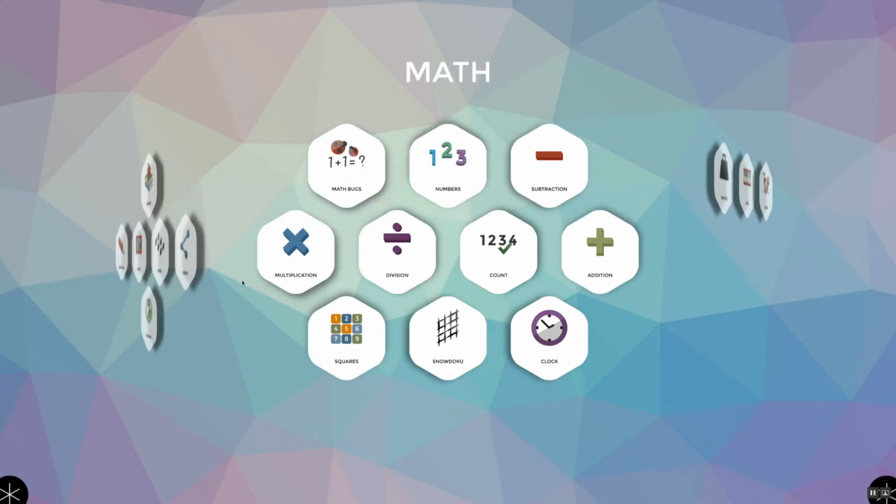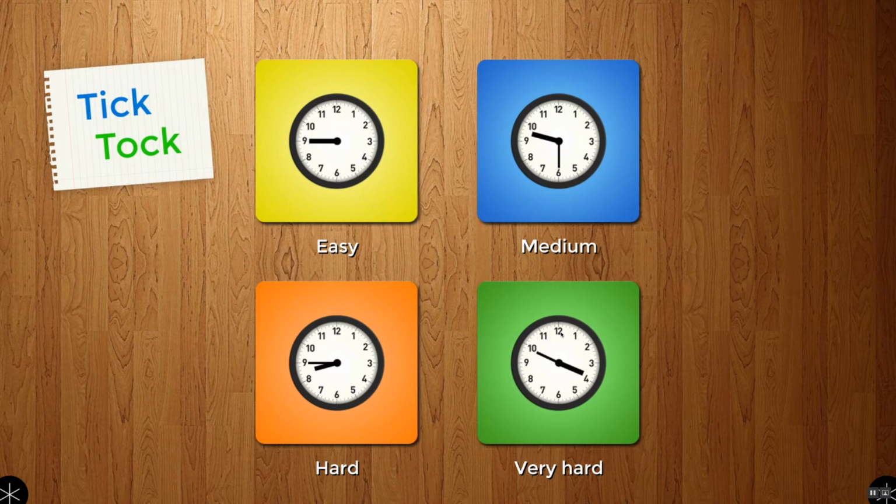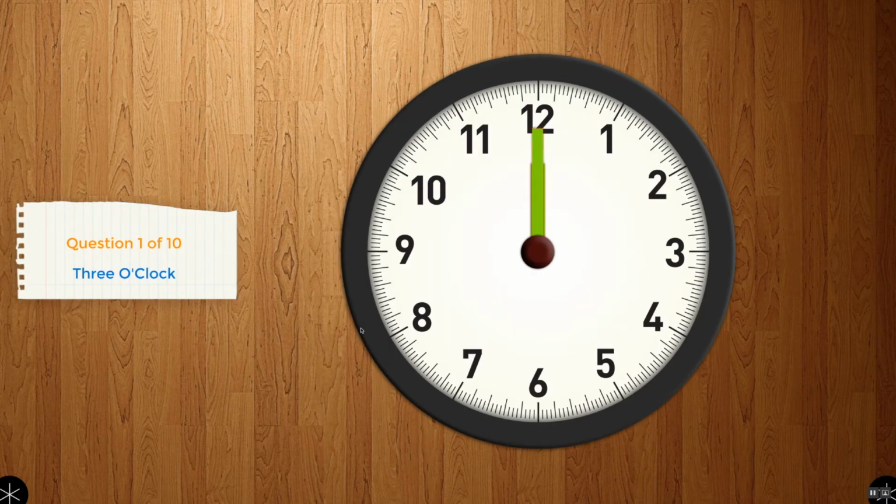The Clock app supports telling time to the hour, half hour, quarter hour, and 20 minutes on an interactive analog clock. There are 4 levels of difficulty. As the student plays with the hands of the analog clock to respond to questions, the hands will provide hints through a glow. If a student places one of the hands in a slightly incorrect position, the hand will automatically move to the correct position.